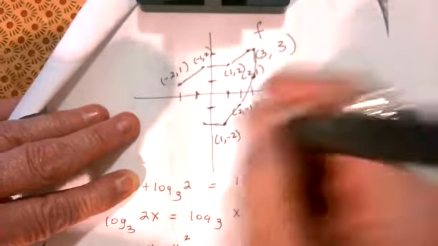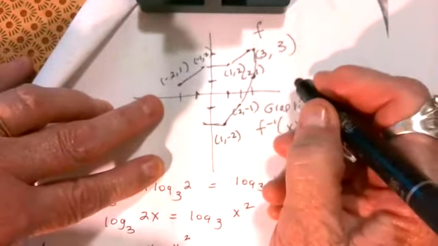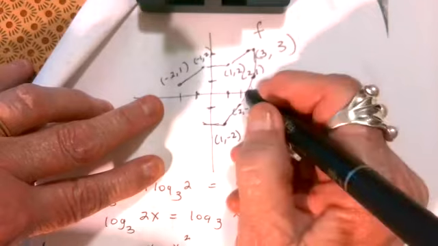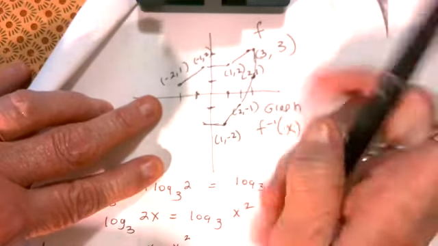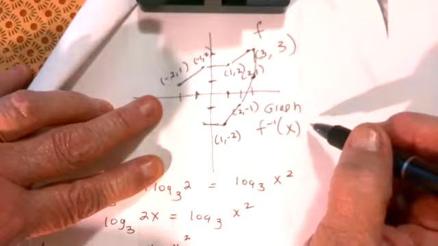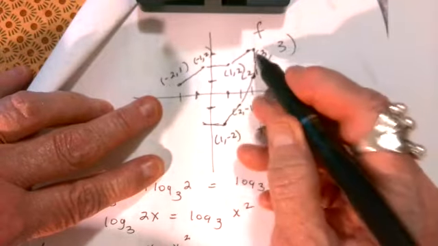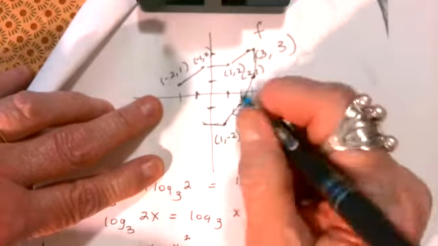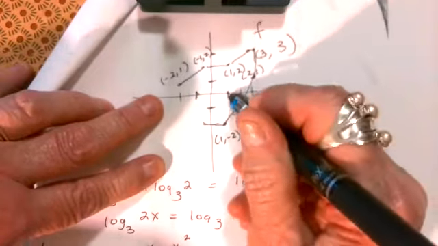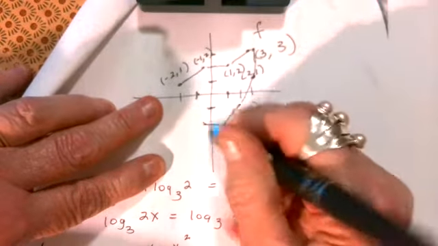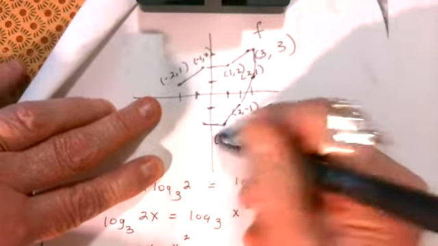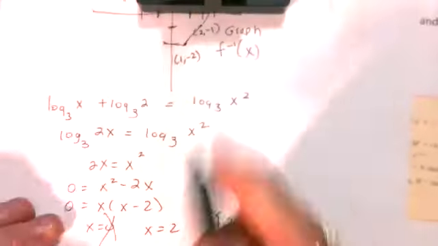It should be a mirror image. Something looks really bad here. They should both go through 3, 3, but I don't know. I did something bad here. Well, anyway, I think I just made that look funny.